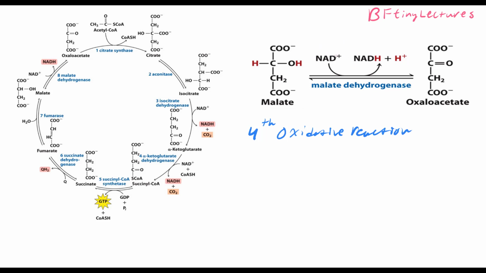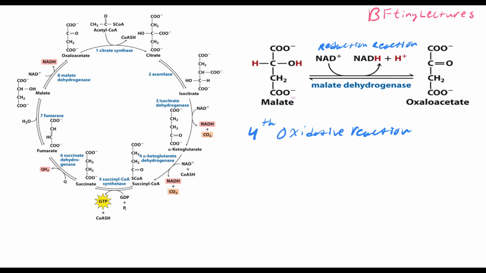This NAD is going to get hydrogen, and that is going to be reduced, right? So this is a reduction. There are 4 redox reactions in this pathway. Very cool. So this is the 4th oxidative reaction, and what happens here?